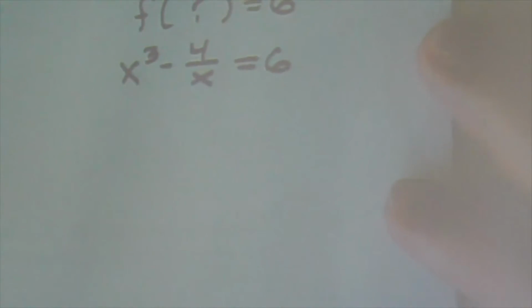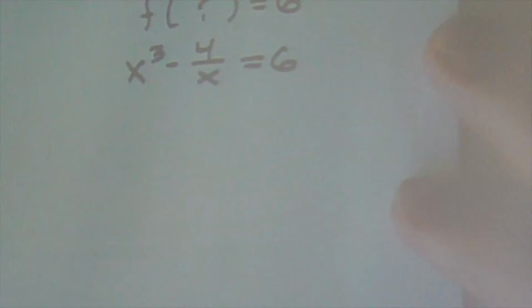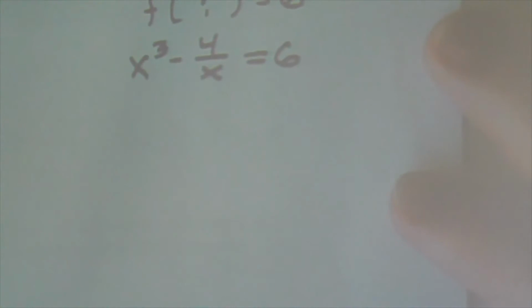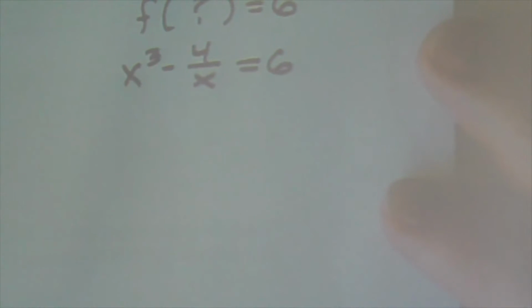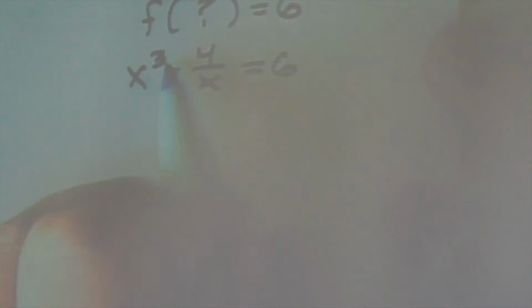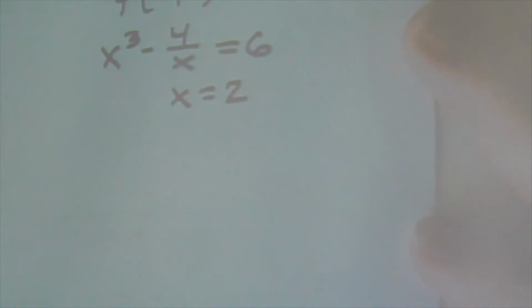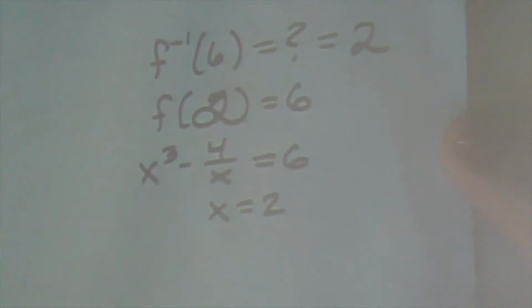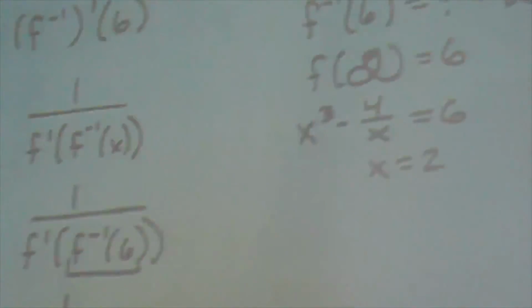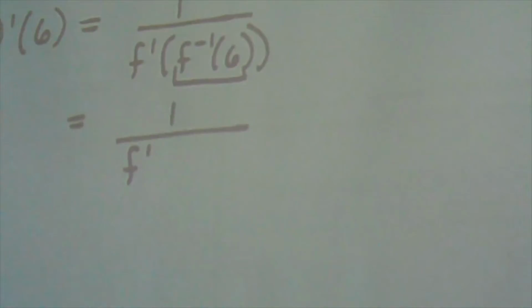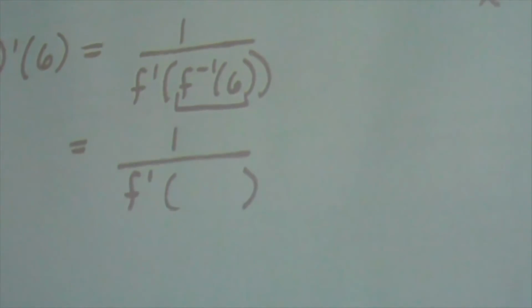Does 0 work? Does 1 work? It'll be negative 3. Does 2 work? 2 cubed is 8, minus 4 over 2 is 2, 8 minus 2 is 6. So x equals 2 will work, which means that f of 2 equals 6, therefore f inverse of 6 equals 2. So I'm going to replace the innermost parentheses with 2.